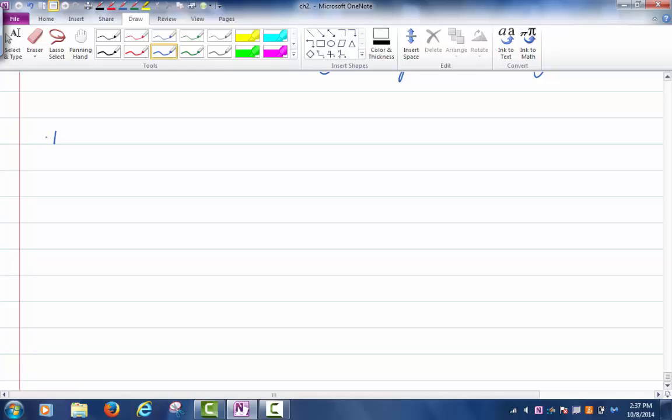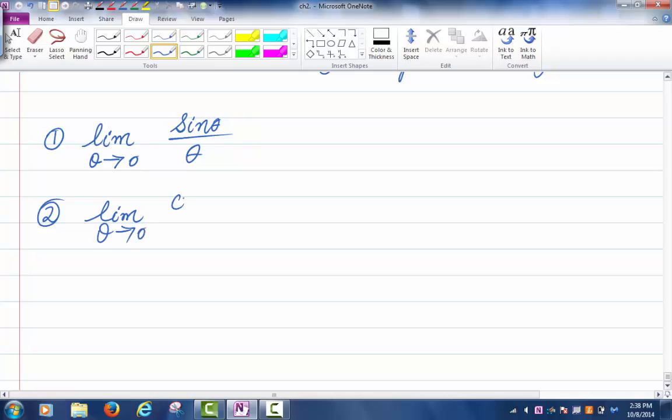One of the limits is the limit as theta goes to 0 of sine theta divided by theta. And another limit that we have to compute is the limit as theta goes to 0 of (cosine theta - 1) over theta.